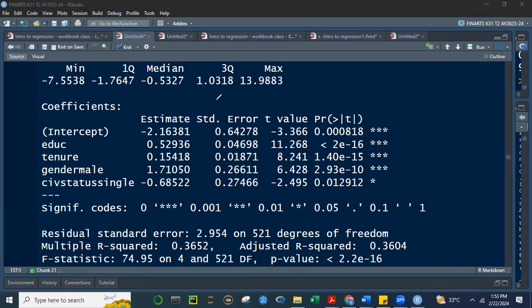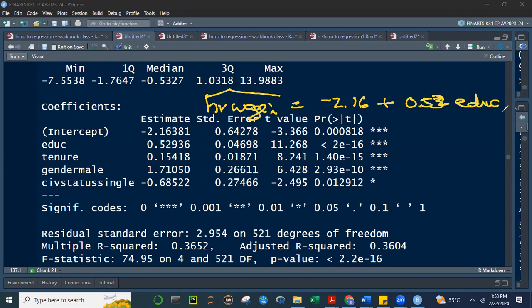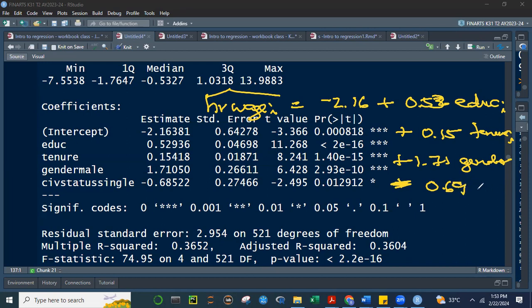Okay, so our equation is, let me write here, hourly wage sub i, we can put here a hat, is equal to negative 2.16 plus 0.53, I'll just round it off to 2 decimal places, times education sub i, plus 0.15 times tenure sub i, plus 1.71 times gender, minus 0.69 times civil status.